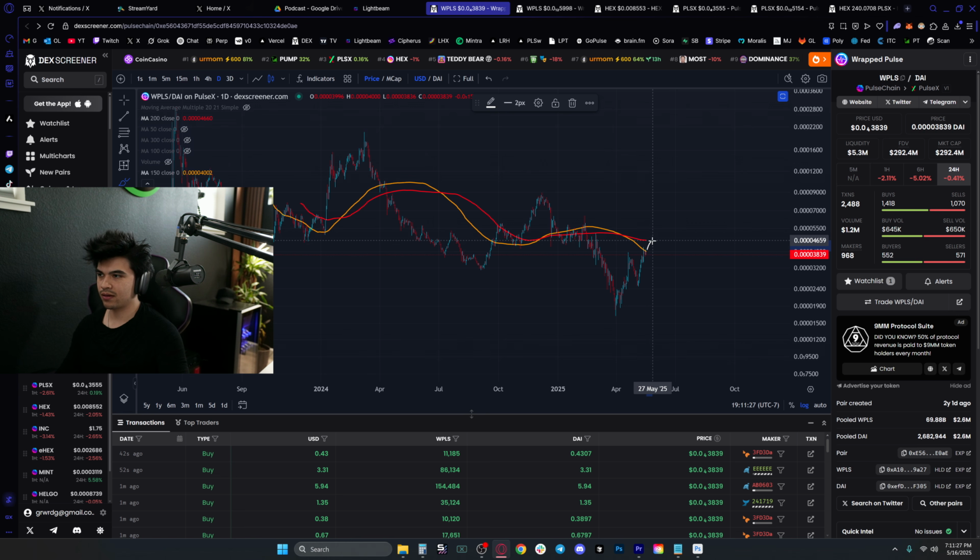Get rejected by it, come back down to orange, tighten between red and orange, like we did over here and over here, find either a singular bottom, like we did over here, or a double bottom, like we did over here, on the orange. Whether the orange curve is coming back down here or so. Get rejected by red, come back down, find a double bottom or a single bottom, and then we move up.